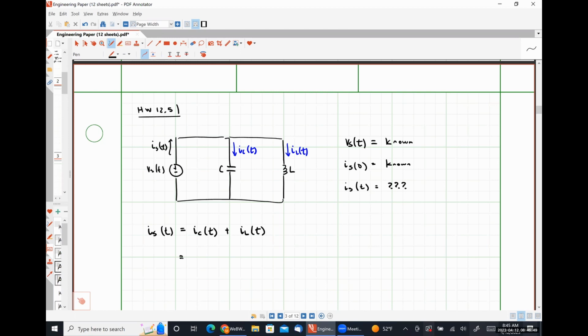Yep, C dV by dt. And in this case, that VC is just going to be Vs, right?